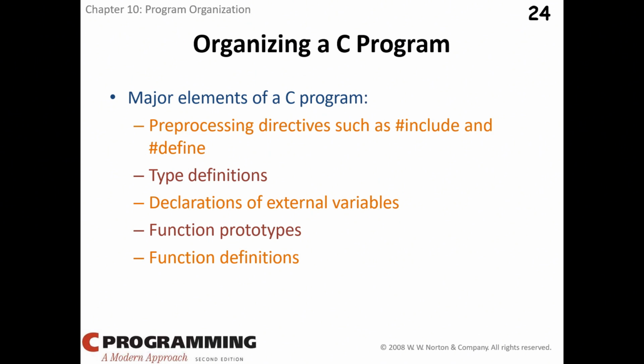Then there are also declarations of external variables. These statements declare variables defined in other source files and accessible throughout the program, and we typically use the extern keyword. Then we have function prototypes.